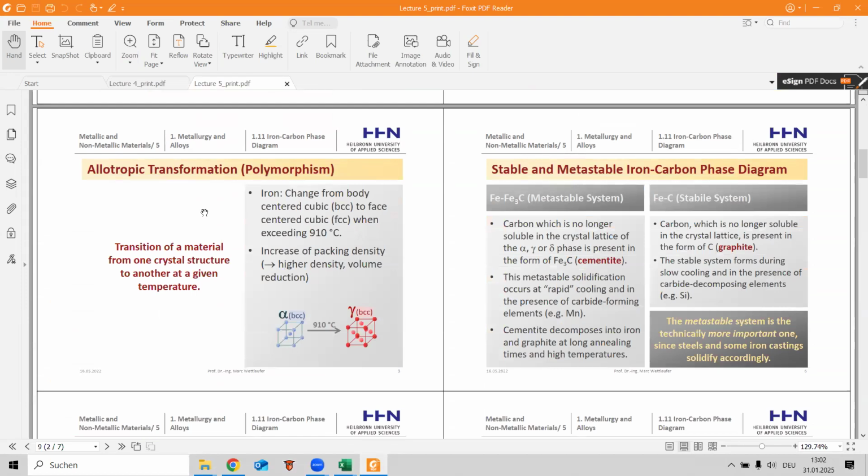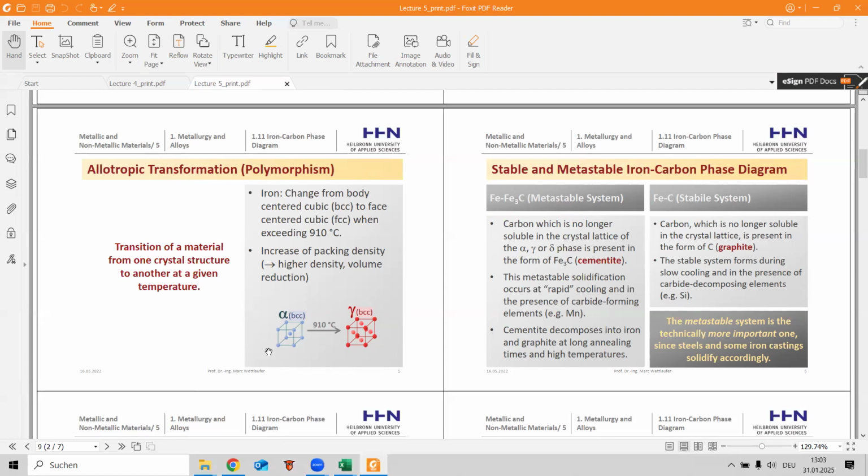Allotropic transformation, or polymorphism, is a transition of a material from one crystal structure to another at a given temperature. So iron changes from a body centered cubic (BCC) to a face centered cubic structure when exceeding 910 degrees Celsius, with an increase of packing density, so higher density and volume reduction.